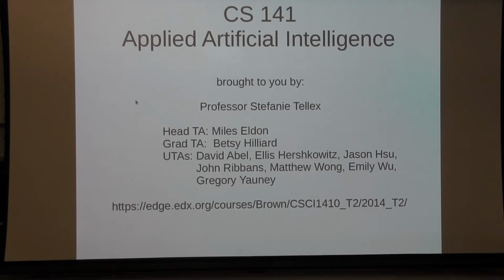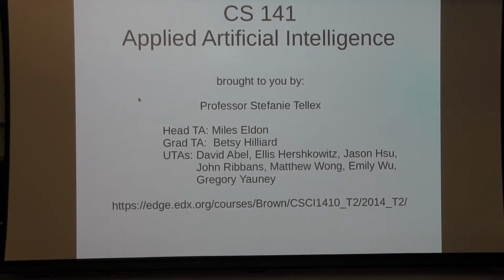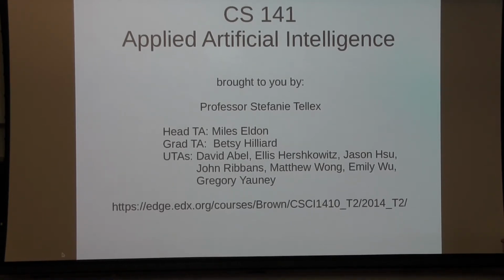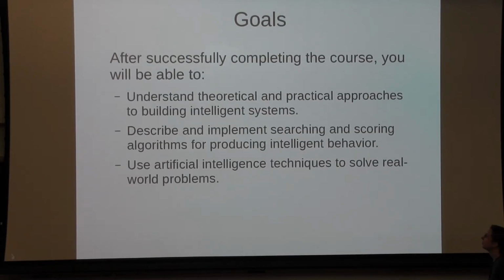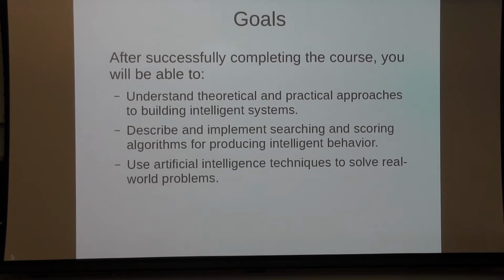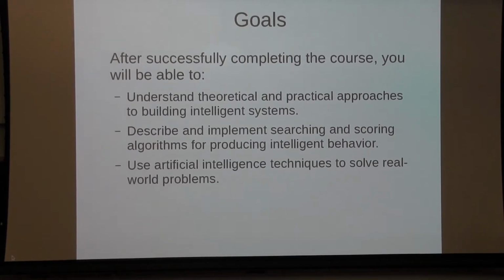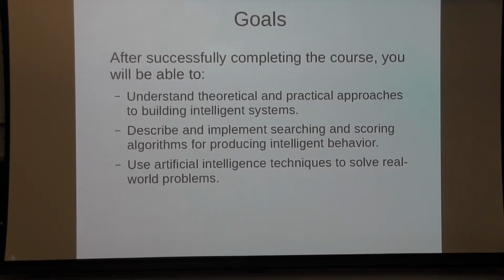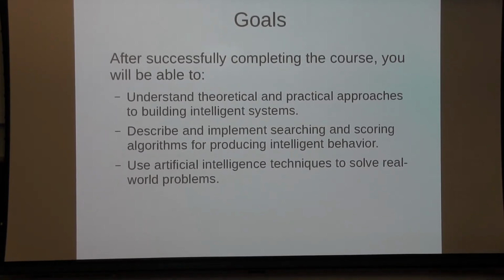All right, so this is a course, Applied AI. So the goals of the course, which you can tell me if you think we've achieved them. I want you to successfully understand theoretical and practical approaches for building intelligent systems, and we've covered a spectrum of those approaches throughout the course. Describe and implement searching and scoring algorithms for producing intelligent behavior.